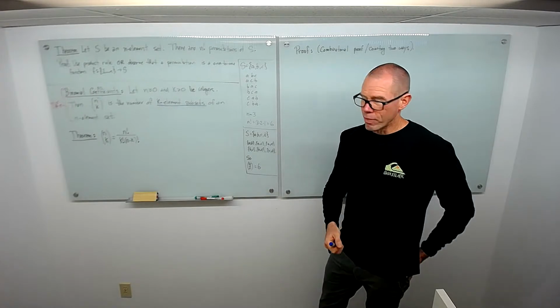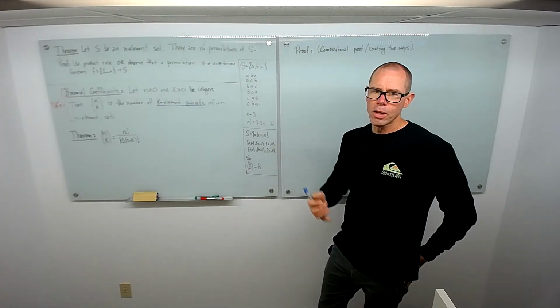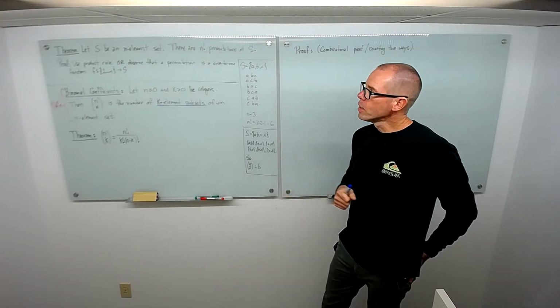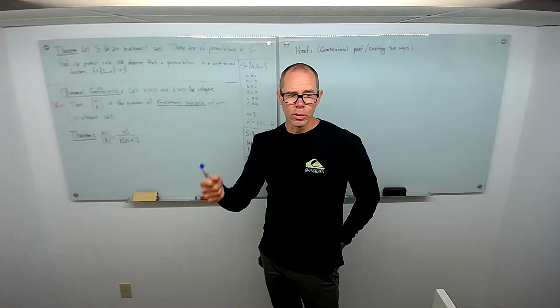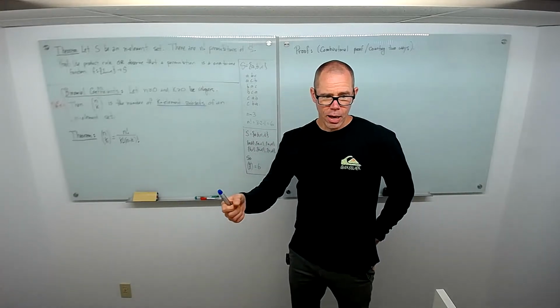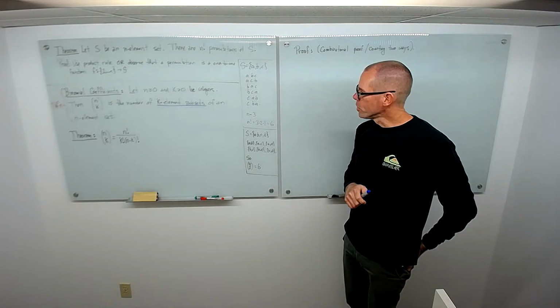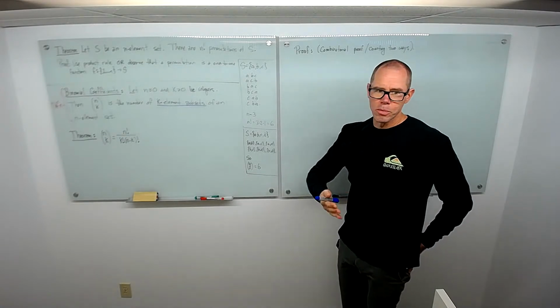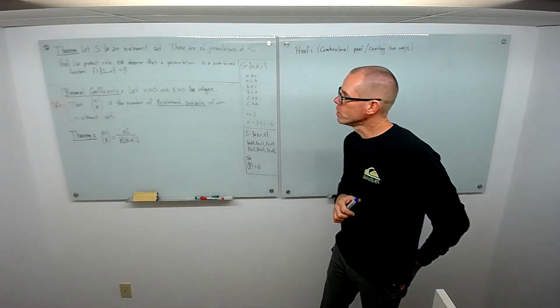Well, now you have n minus 1 choices. So there's n minus 1 choices for the second one and n minus 2 for the third, and so on, all the way down to the last element that you write down when the set has only one thing left in it. Then there's only one choice. And so you get that the number of permutations that way is n times n minus 1 times n minus 2, all the way down to 1, which is n factorial.